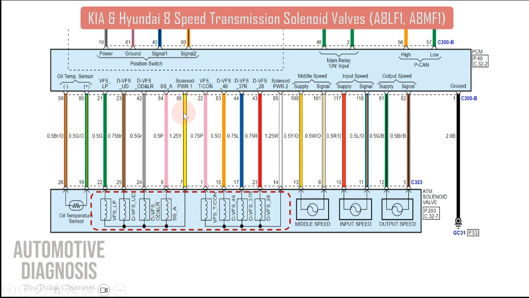Power supply number 1 is for these 4 solenoid valves, and power supply number 2 is for these solenoid valves. Each of these solenoid valves has a different control line connected to the PCM. So the PCM is controlling each of these solenoid valves individually, to provide the oil pressure to that specific clutch pack or brake that we need for that specific gear.